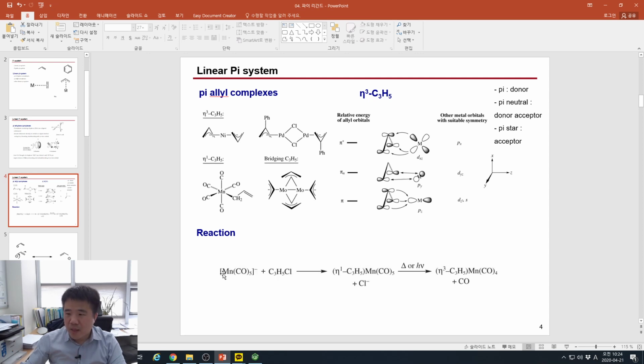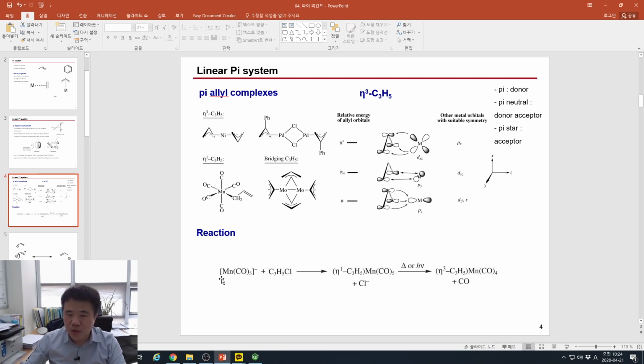The reaction is very simple. If you have a metal carbonyl complex, we have learned that a metal carbonyl complex is a compound consisting of a transition metal and only carbon monoxide. These compounds usually act as a precursor for other syntheses.